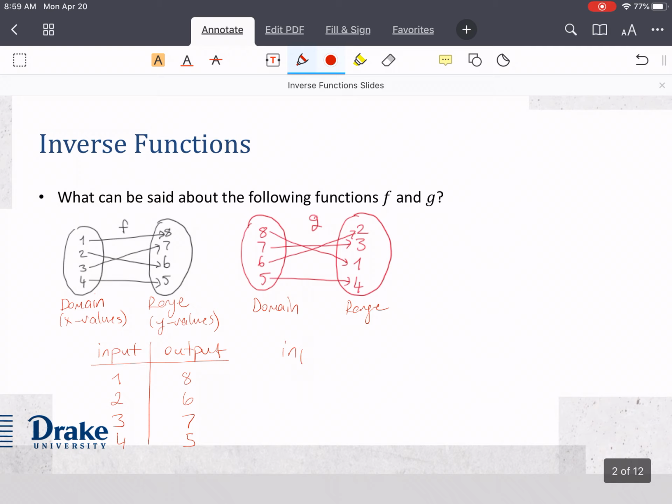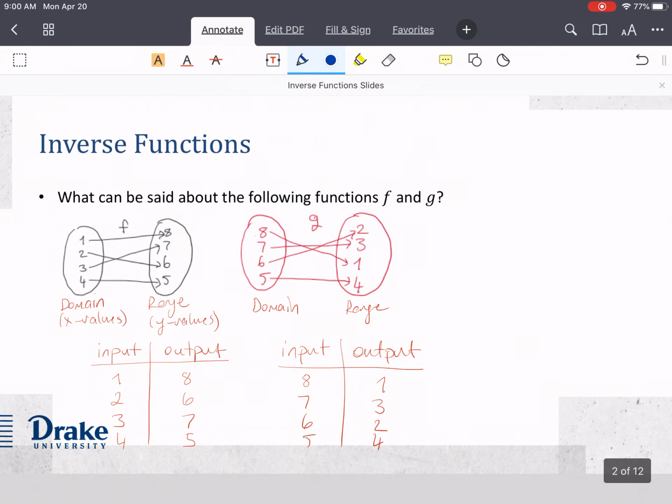If we do the similar thing for g, input, output, if you create a table of values, you realize that the input 8 is assigned to output 1, input 7, this function assigns it to 3, input 6 is assigned to 2, input 5 is assigned to 4.